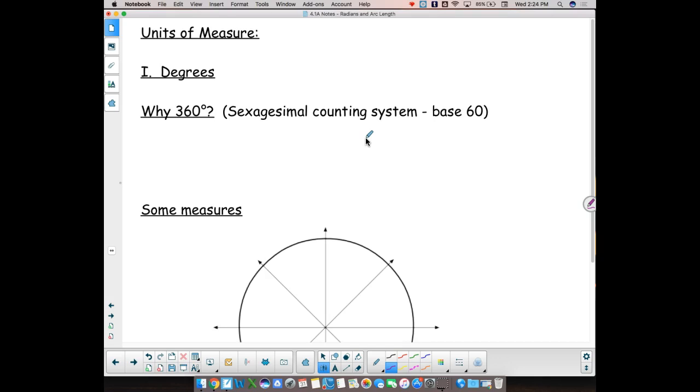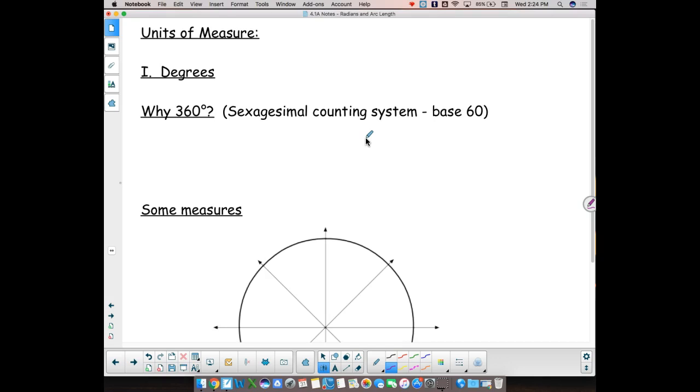I'm not even gonna try and murder that first word, the sexagesimal counting system. Really, I don't know why it's 360 degrees. You have to go back and talk to people that developed it way back when to say why.